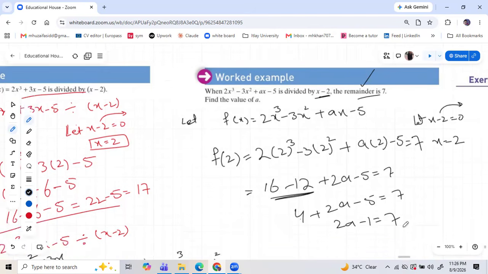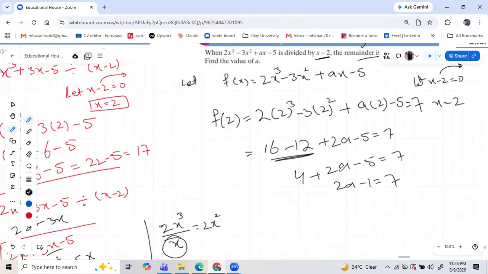Got it? Yes, sir. So minus 1 is moving to the other side. This is 2a is equal to 7 plus 1, which is 8. So a is equal to 8 divided by 2. So our a is equal to 4.